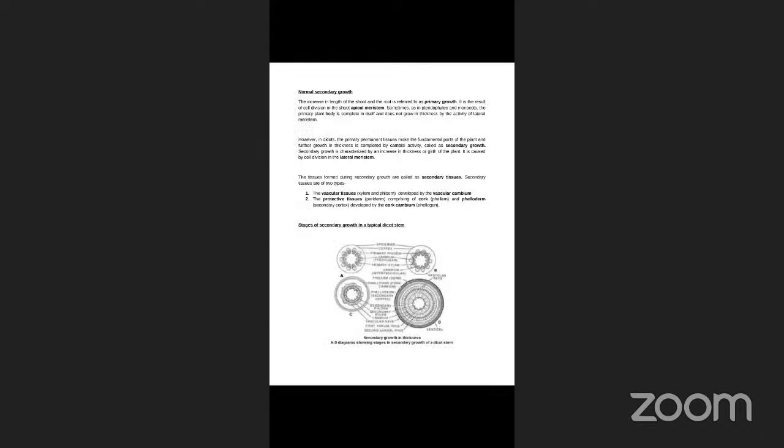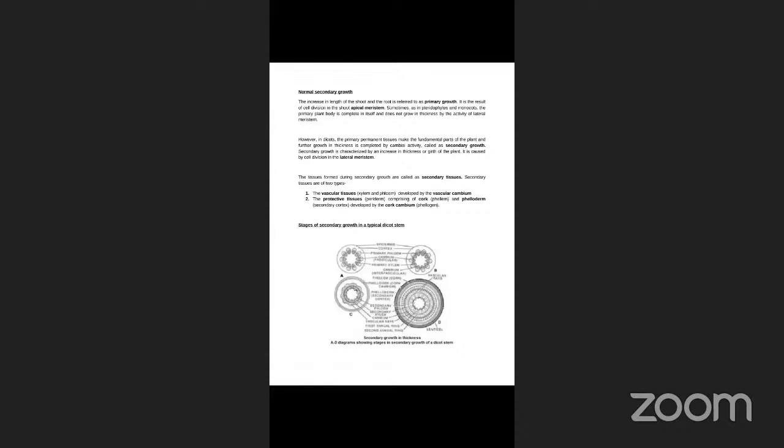Most of the gymnosperms show this type of secondary growth. Gymnosperms and dicotyledons show increase in the thickness of the stem and root by the activity of vascular cambium or cork cambium.